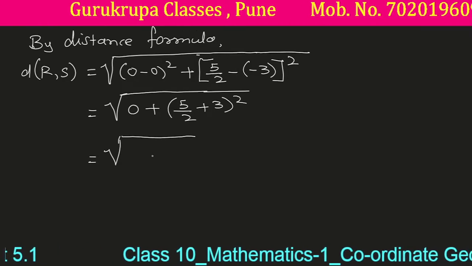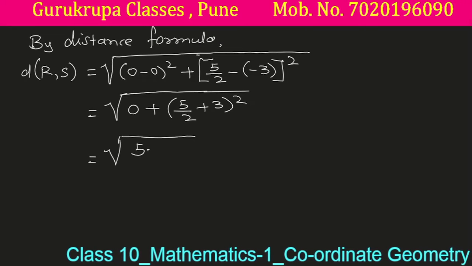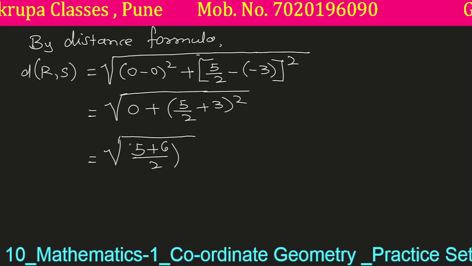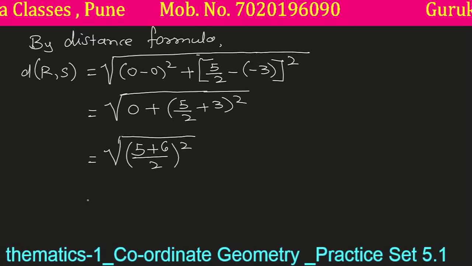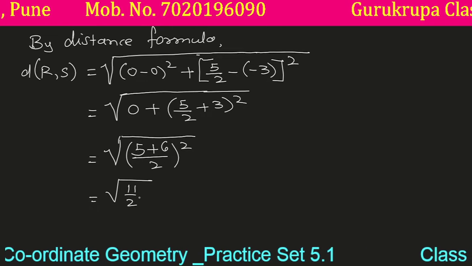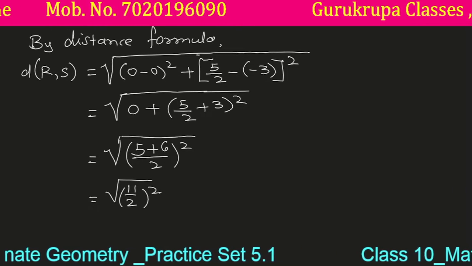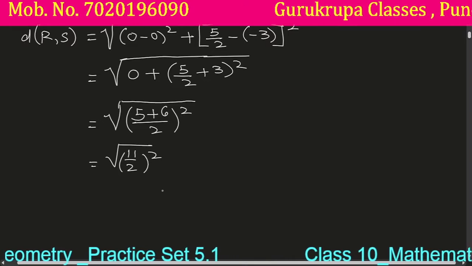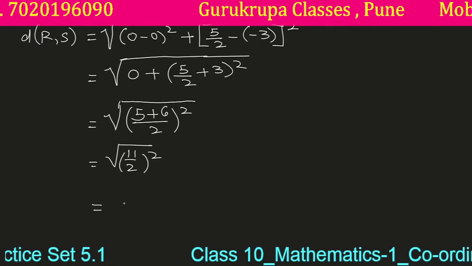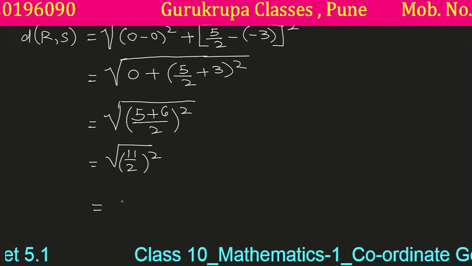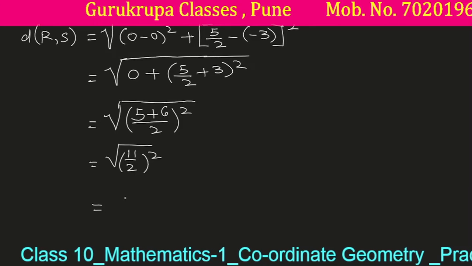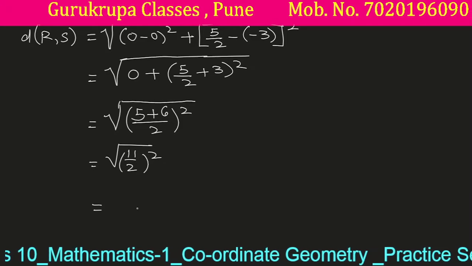So (5 plus 3 is 6, 2s are 6) whole upon 2, whole square. So here we get (11/2) whole square. 11 upon 2 whole square.